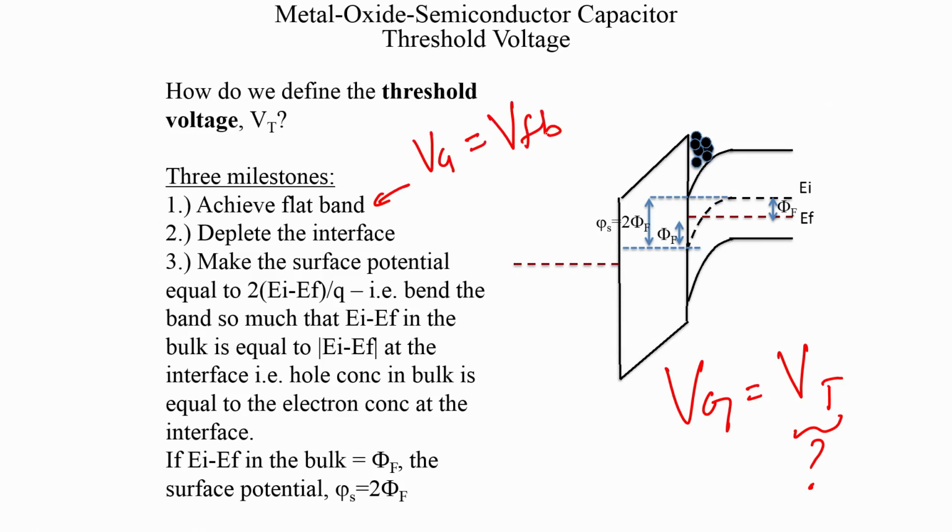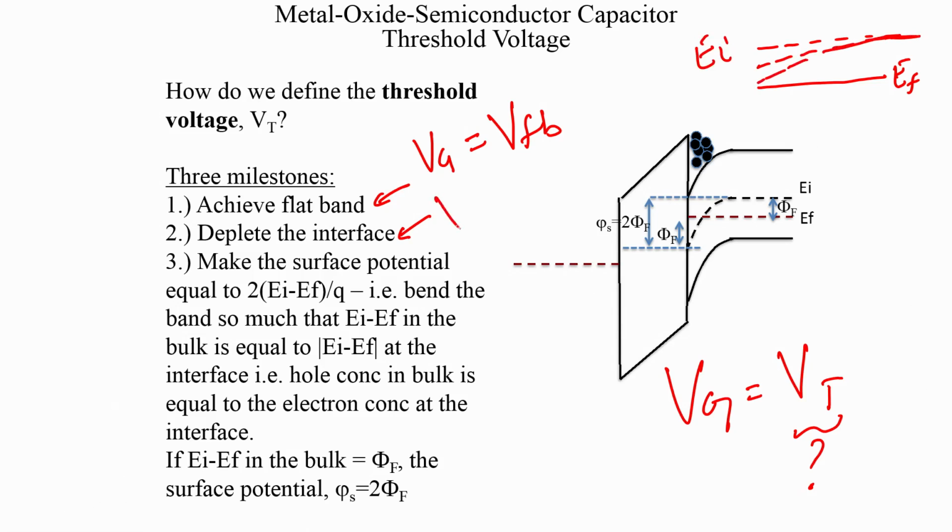After that, we keep increasing Vg, and you start depleting the interface. You have EF, and initially that was Ei, it is all flat band. Let me just draw this clearly. That was Ei, flat band, and now you start depleting the interface, Ei starts bending a little, and you start having depletion, and then you keep bending a bit more, you still have depletion.